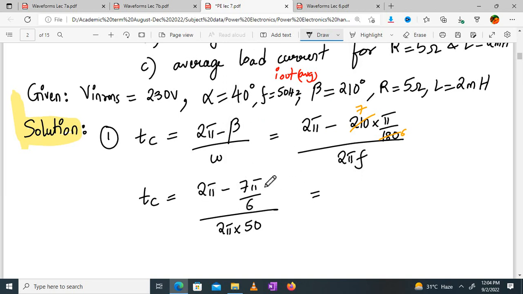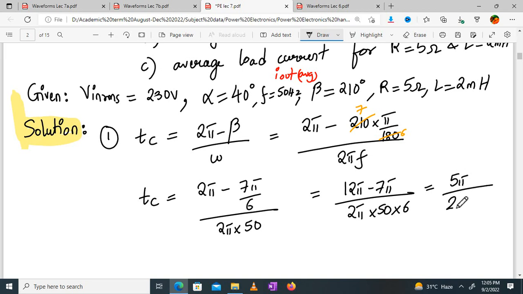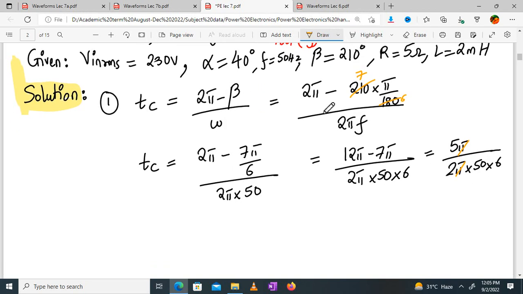So I cross multiply, how much will I get? 12 pi minus 7 pi, right? Divided by, this 6 will go down, so it will be 2 pi into 50 into 6. Just calculate now. 5 goes 10 times, right? So 1 divided by 10 into 6 and into 2.